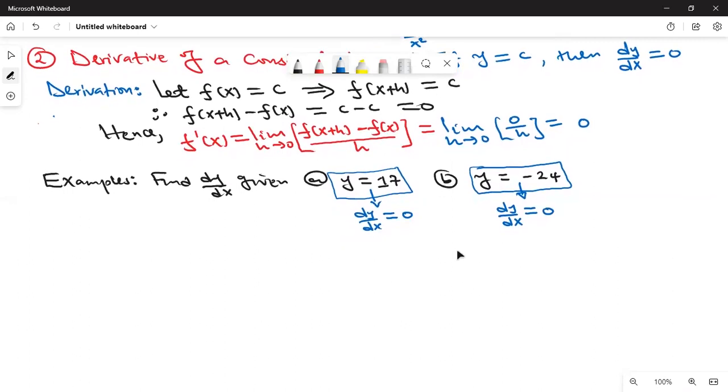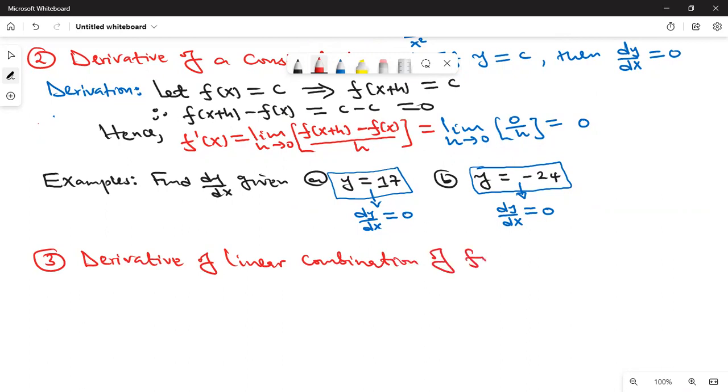Another rule is the derivative of linear combination of functions.